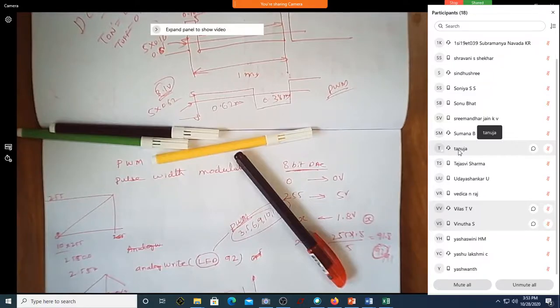What we are doing is serial.begin, specifying the communication between the Arduino and the PC, and then you can see serial.print. So you are printing. It's not visible. I'm not writing anything, I'm simply speaking. We are simply writing the value of some parameter onto the system. Why it is dot println is that it will go to the next line, as you did with println in your C programming.